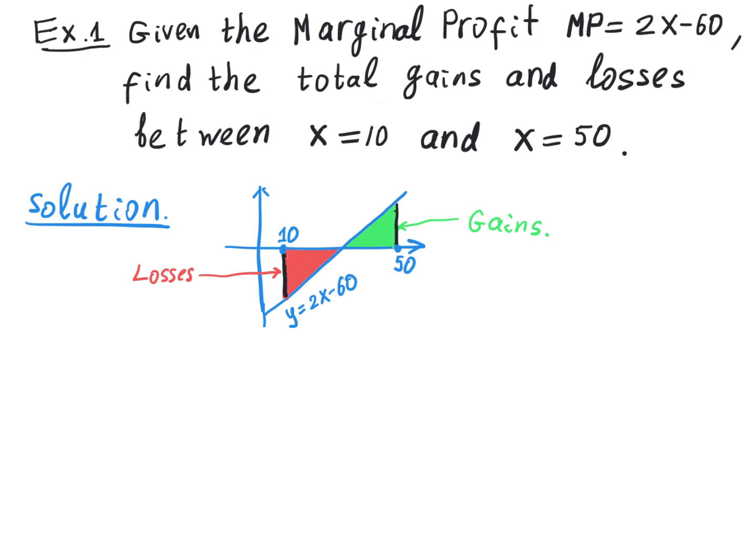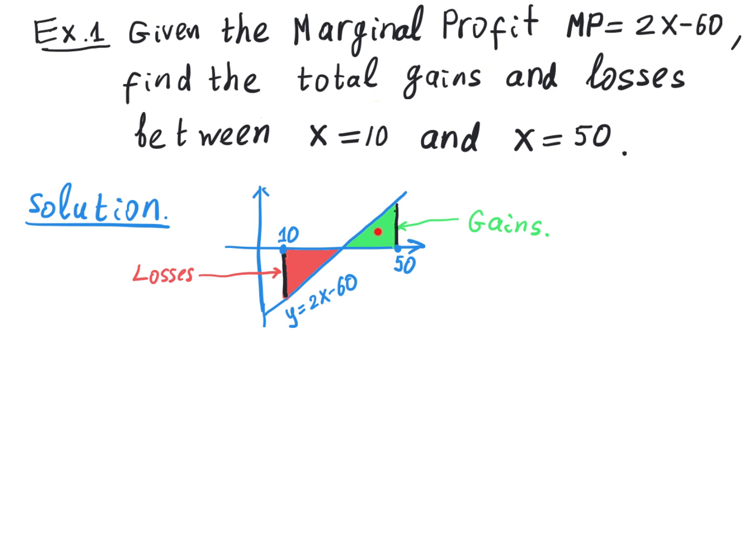If you sketch the graph of the marginal profit, the graph of the function y equal to 2x minus 60, you see that for some x it's below the x-axis, for some x it's above the x-axis. So when we compute the definite integral from 10 to 50, geometrically, we are computing the sum of areas above the x-axis minus the areas below the x-axis.